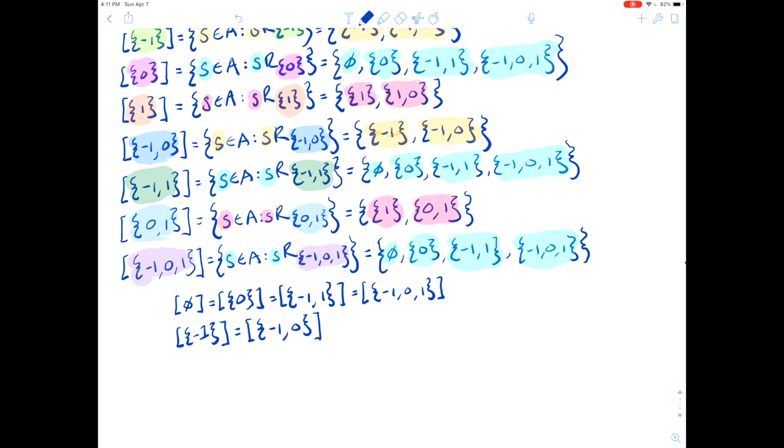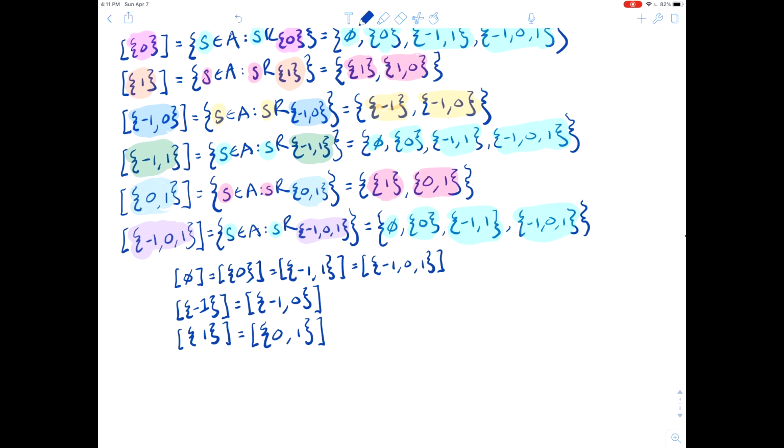When we got 1, right? So the class of {1}, the set that contains the element 1, is equal to the class of the set that contains the elements 0 and 1. Cool so far?